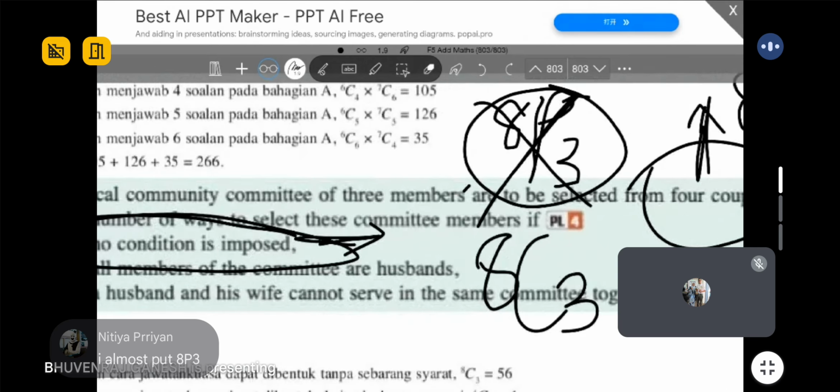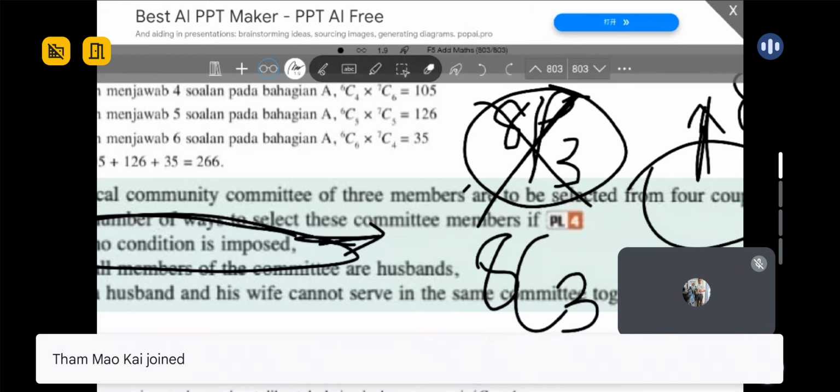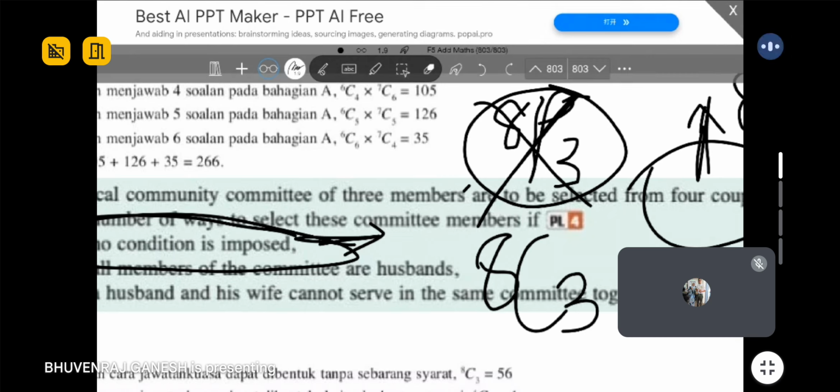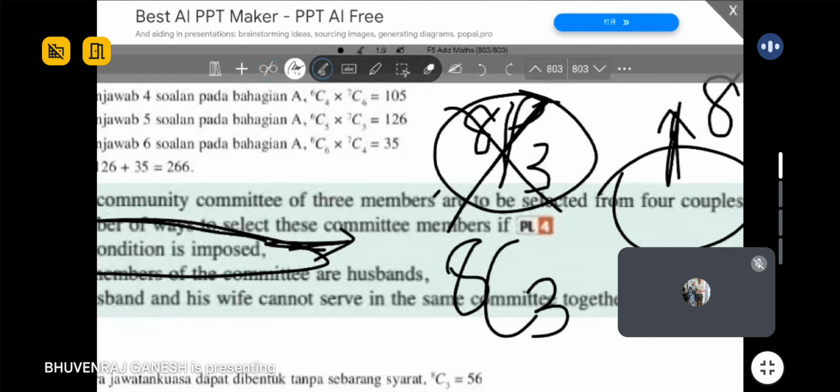Anyone also can. 8C3. Okay, so you're the kind of person that prioritize the girl that you like. Am I right? If you say 8P3 means that you want a very specific girl. Correct? Because there is condition. Ada syarat. So you have your own condition for the girl that you want.